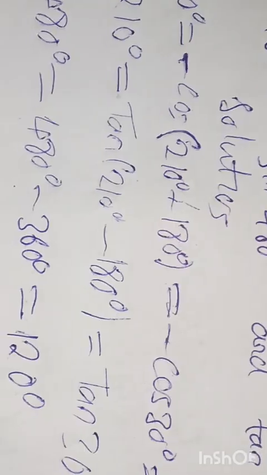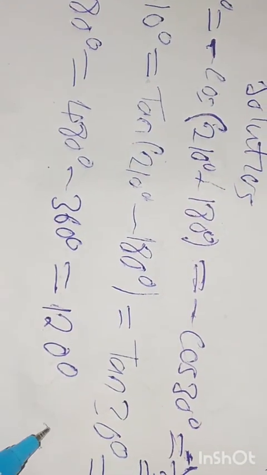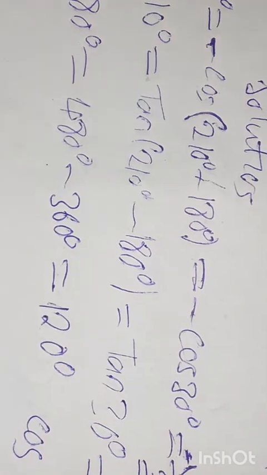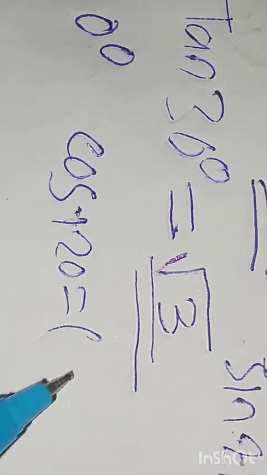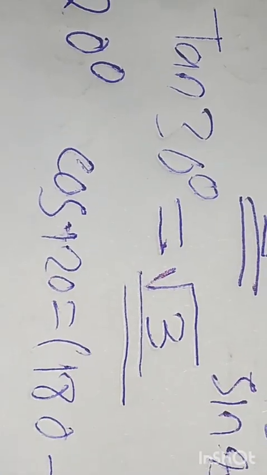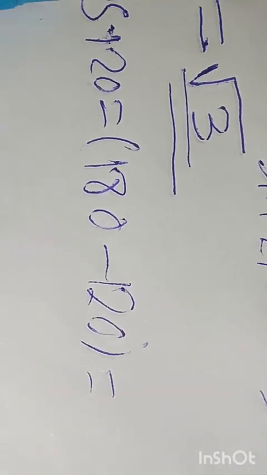So we have to understand what happens when we're in the second quadrant. Cos 120 is equal to, in the second quadrant, 180 minus 120, which gives us 60 degrees.